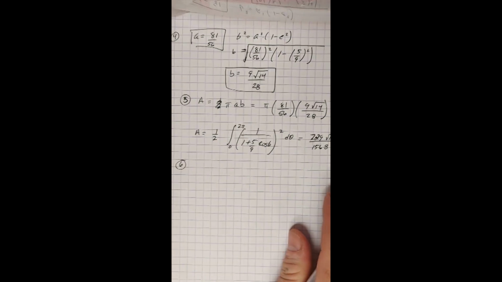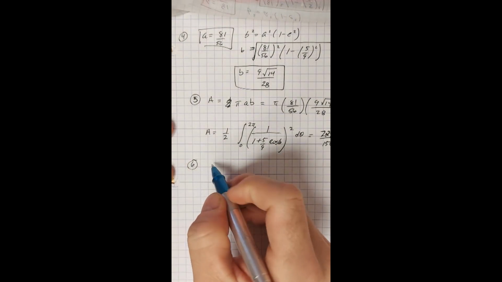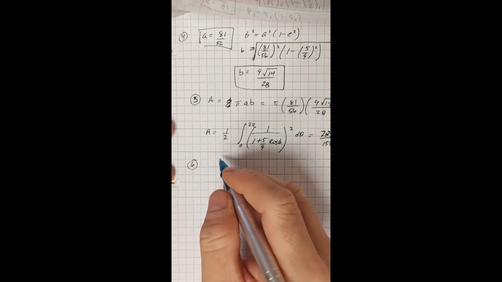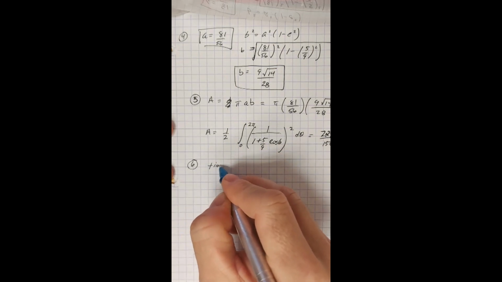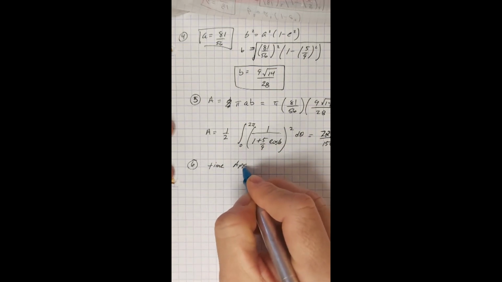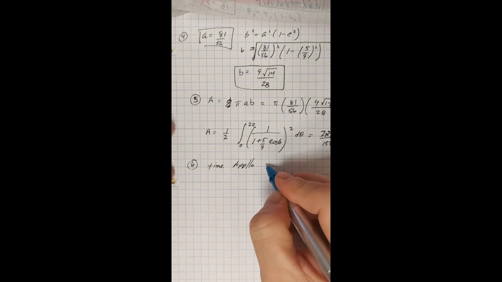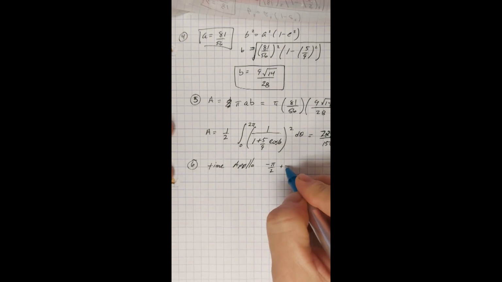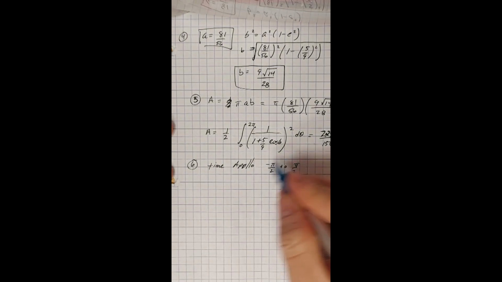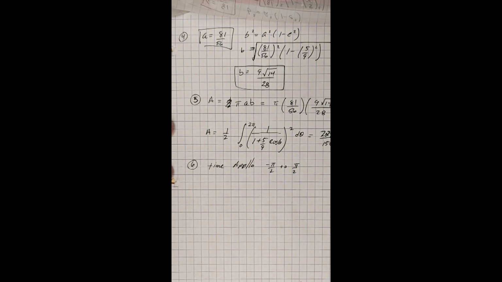Okay, so problem 6 wants us to calculate the time Apollo takes to move from negative pi over 2 to pi over 2 with respect to radians.